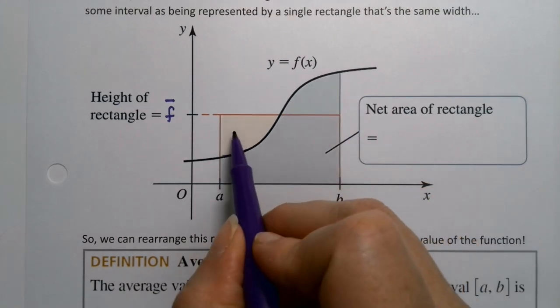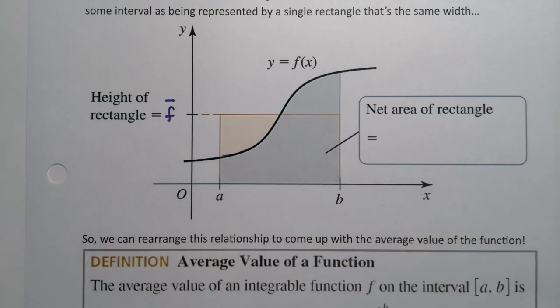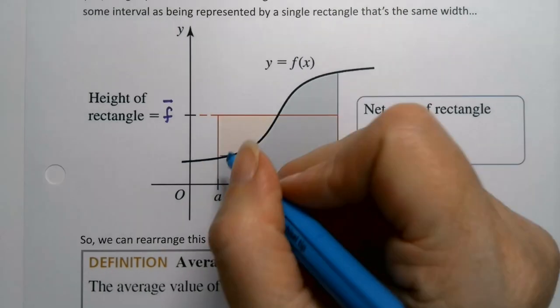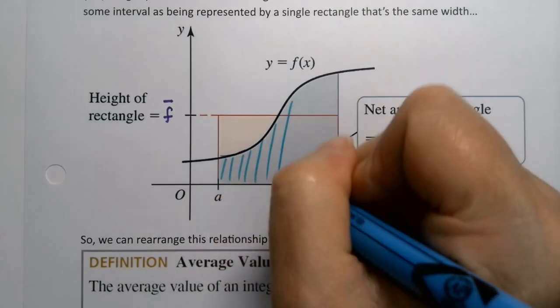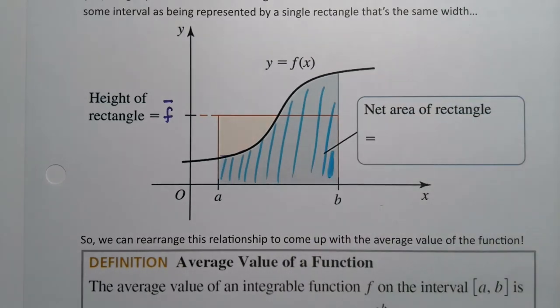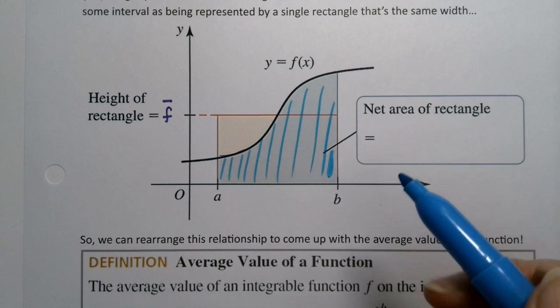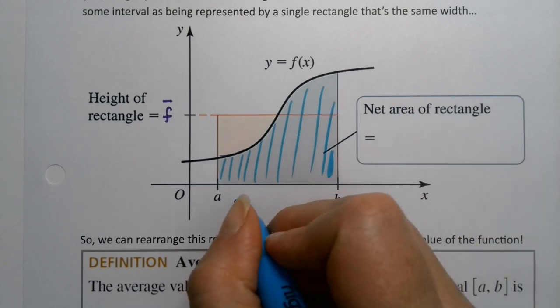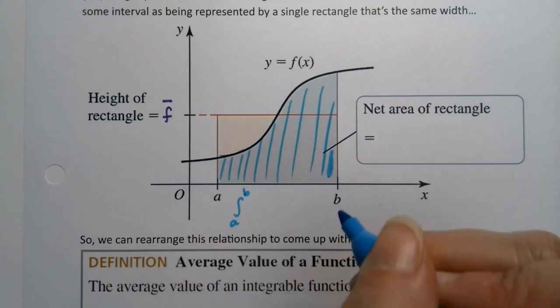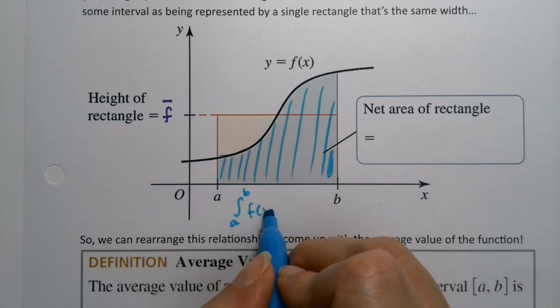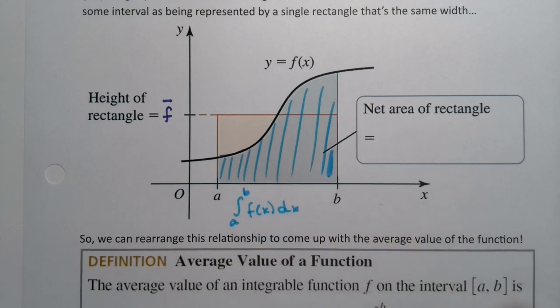The way it figures that out is it finds the area underneath the curve. So we find that area right there, which is the integral from a to b of f of x dx.